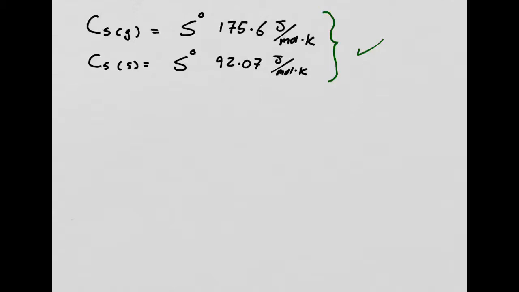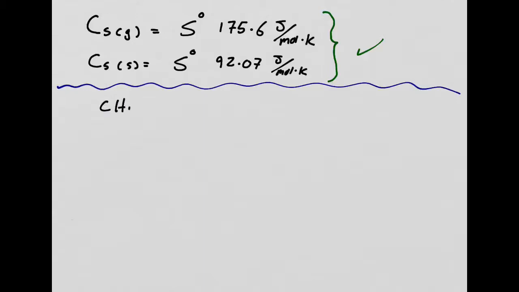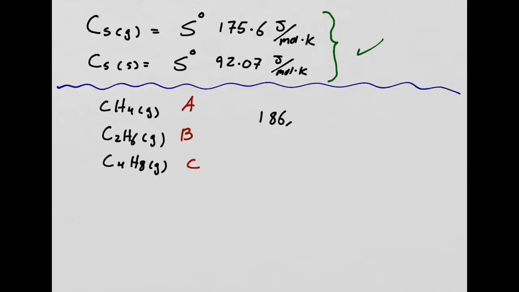All right, so let's do a little exercise. It's been a while since we've done an exercise. CH4 gas, C2H6 gas, C4H8 gas. I'm going to say this is A, this is B, and this is C. Now, here are the entropy numbers: 186, 310, 229.